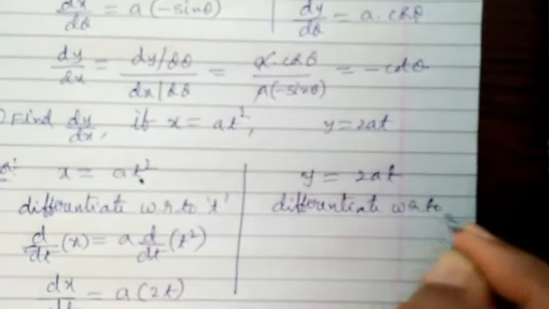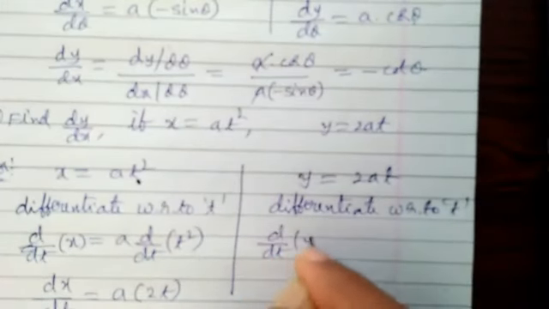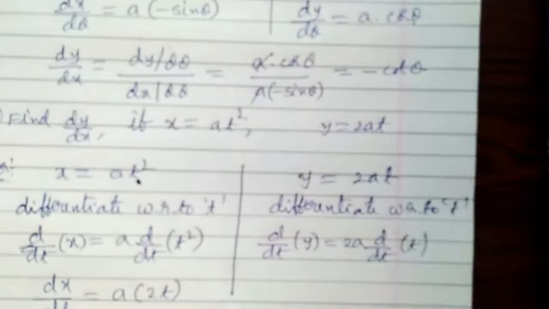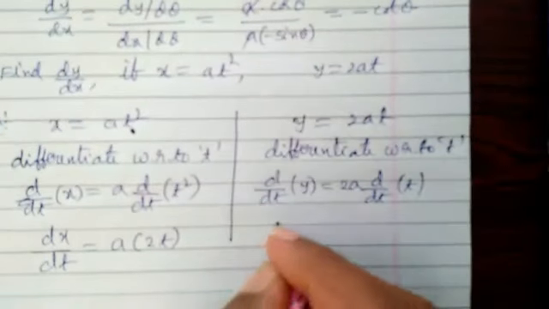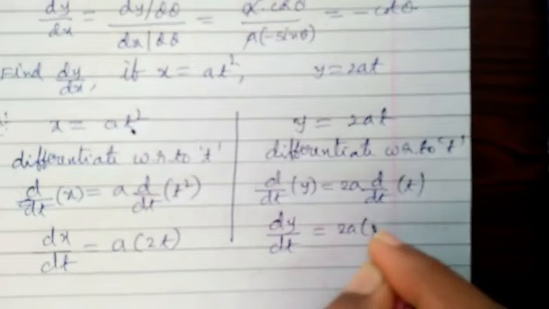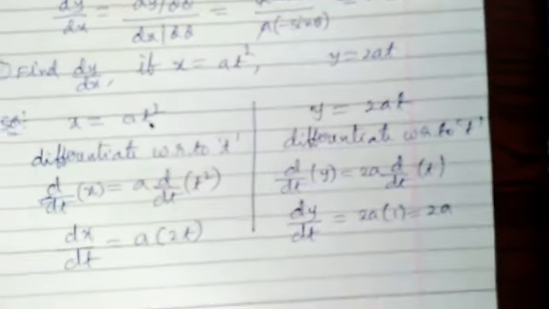Differentiate with respect to t. dy/dt is equal to 2a, the constant, into d/dt of t. So dy/dt is equal to 2a into 1, which is nothing but 2a.